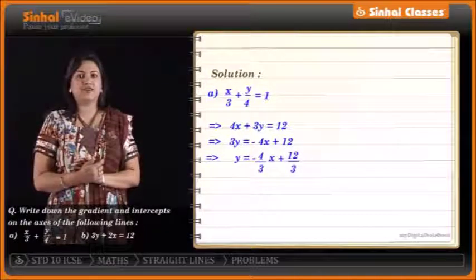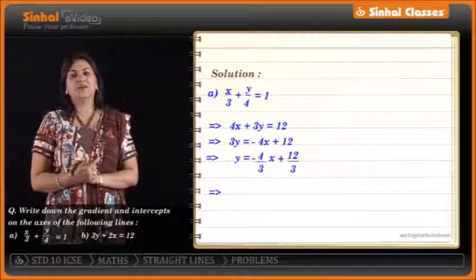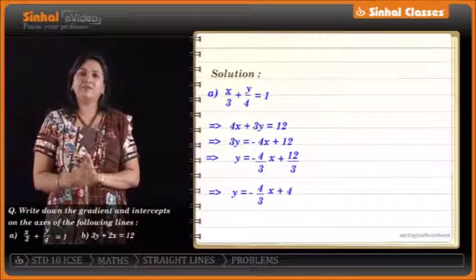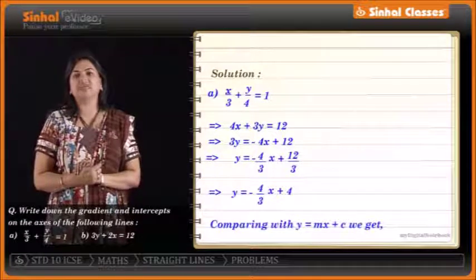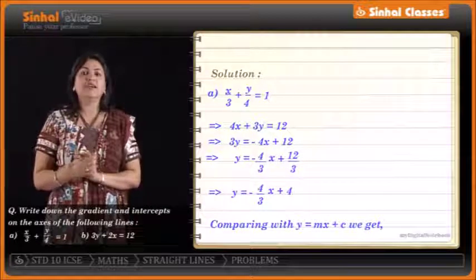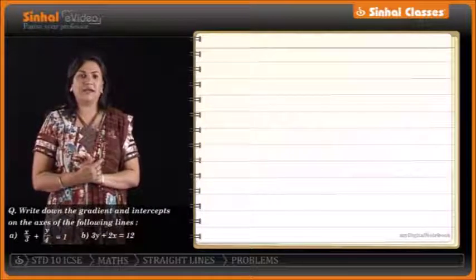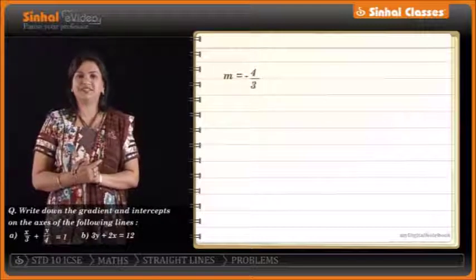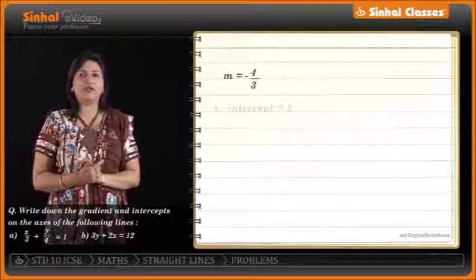We simplify further: y is equal to minus 4 upon 3 x plus 4. Now we compare this with y is equal to mx plus c. We have the slope m is minus 4 by 3 and the y-intercept c is 4.